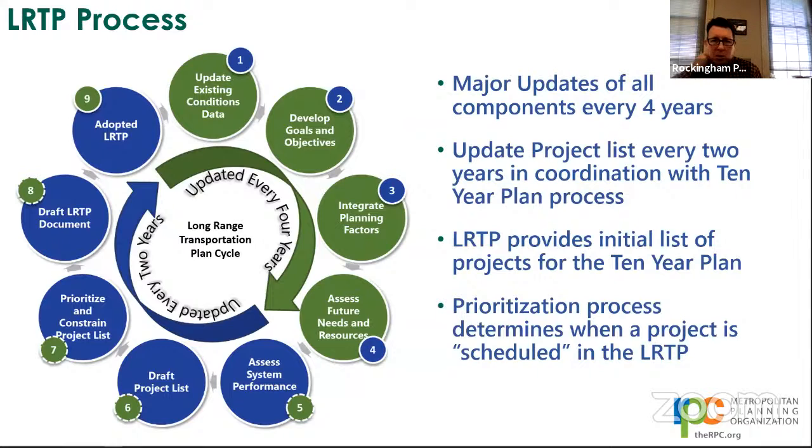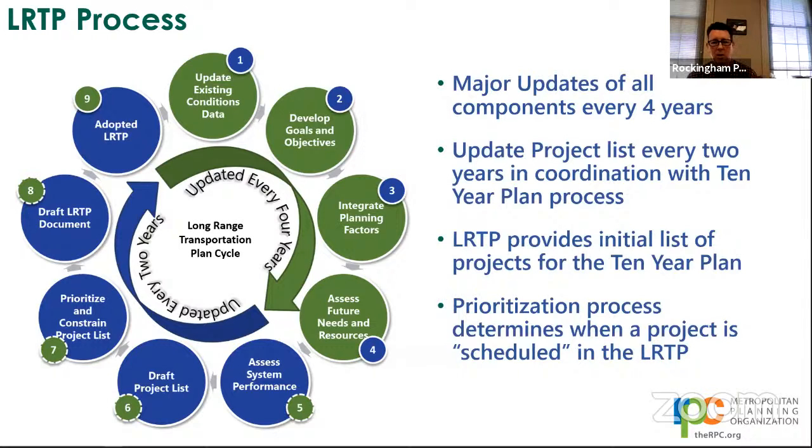So the long range transportation plan process, we update on a 4-year cycle-ish. By law, I guess now because we're no longer a non-attainment area for air quality conformity purposes, we could actually go every 5 years and update. But we update the long range plan in 2 pieces. On a 4-year cycle, we look at updating all the existing conditions data, the goals and objectives, looking at our new planning factors and that kind of thing, and doing that major deep dive into the document and making major revisions.